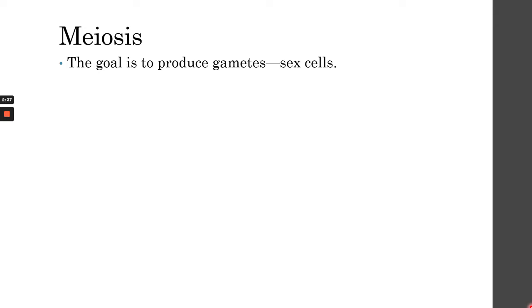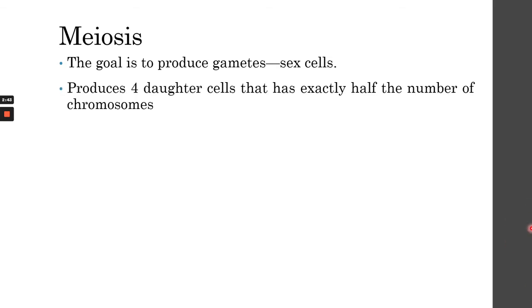However, for sex cells, or in the case of humans, egg cells and sperm cells, not only two but four daughter cells are created. Moreover, each of the daughter cells has half the number of chromosomes.